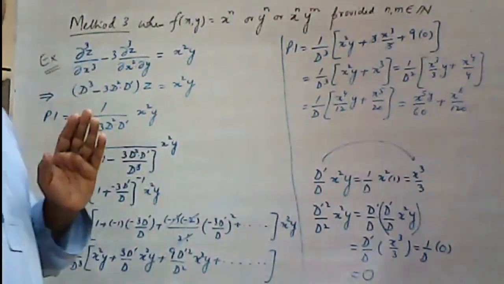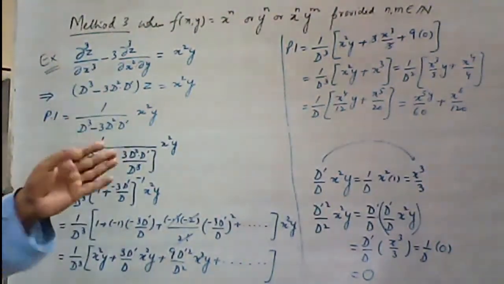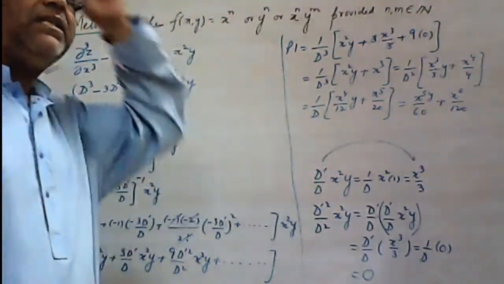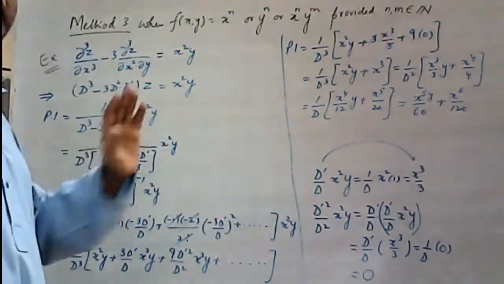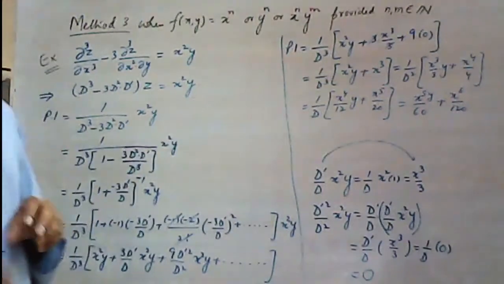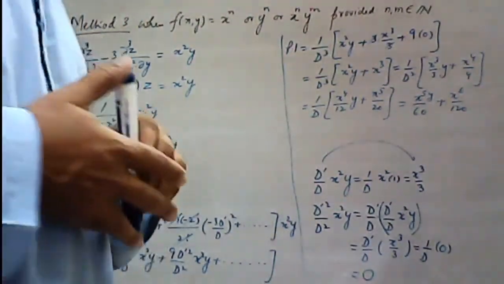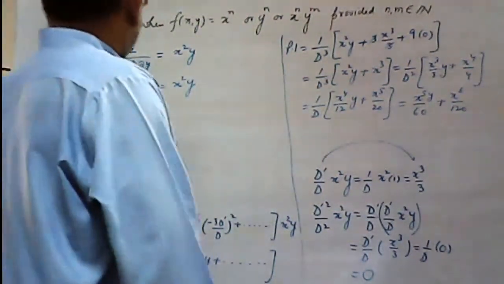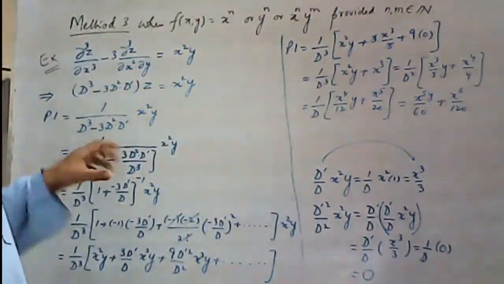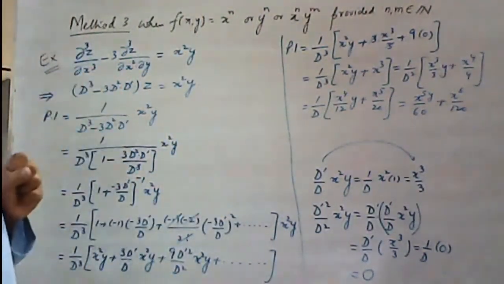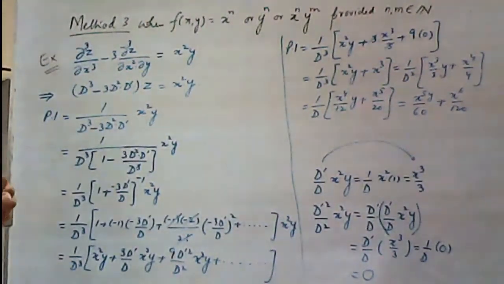In both examples I tried both things to show you that there is no difference in the method, and you can try either in this way or in the way I did previously. So this is a very simple method as far as the higher order homogeneous third method is concerned.